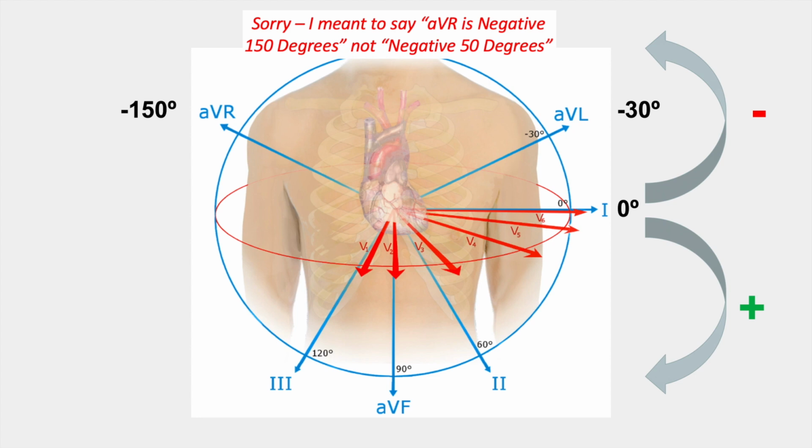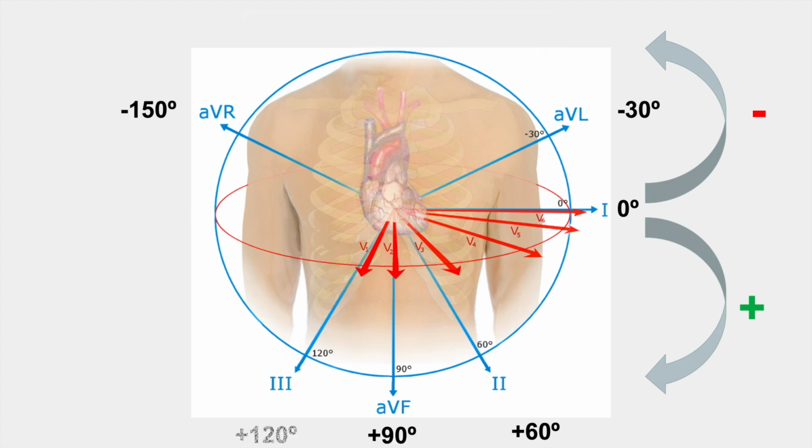And if you go clockwise from lead 1, it's all positive degree numbers. So lead 2 is positive 60 degrees, AVF is positive 90 degrees, and lead 3 is positive 120 degrees. These are all important numbers to keep in mind as well.